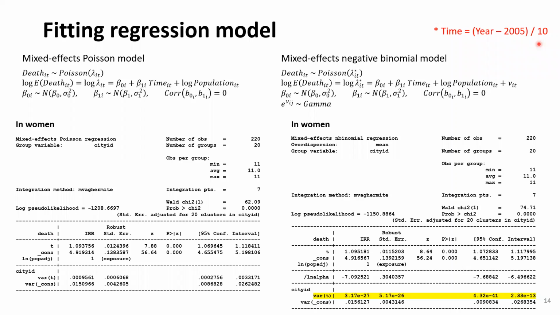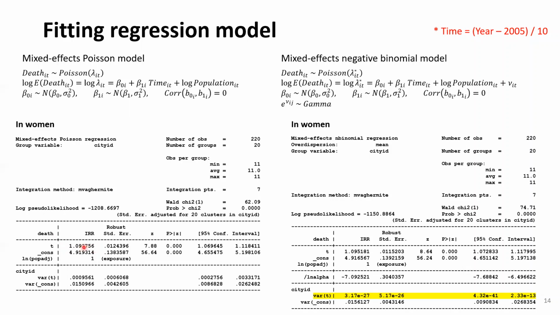So when t equals 0, it means year 2005, and a 1 unit change in t means a 10 year difference between 0 and 1. So this value shows the expected rate ratio in mortality in 10 years.